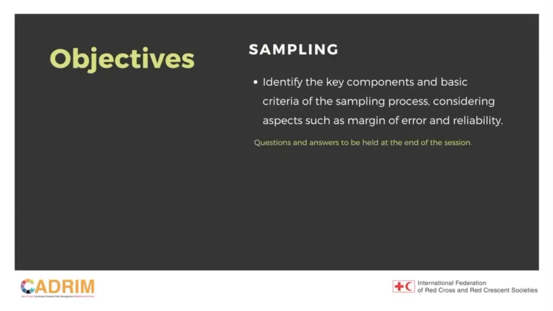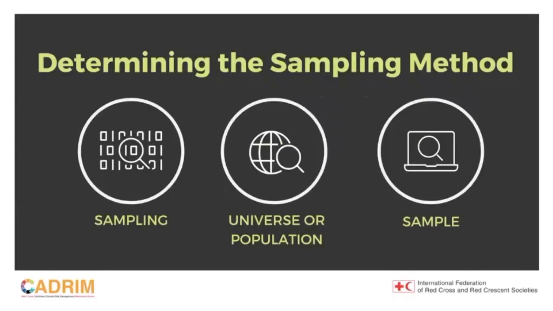So there are 3 concepts very important to have in mind when we are talking about the sampling method. One of them is the sampling, that is the process of selecting a group of individuals from an entire population. And the second one is the universe or population, that is basically the total number of people or individuals in the whole area that we want to cover with the surveys that we are going to apply.